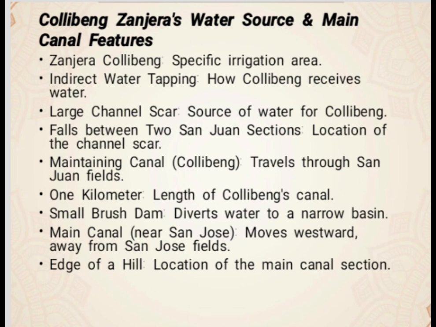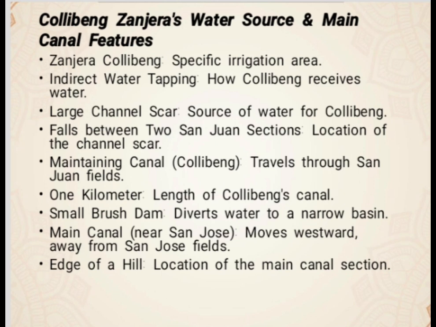Within each zanzara boundary, the farmers or the association manage the final distribution of water to their fields. So meaning, sila na yung nagmamanage ng final distribution ng tubig sa kanilang kanya-kanyang fields, likely through smaller ditches not shown on this scale.